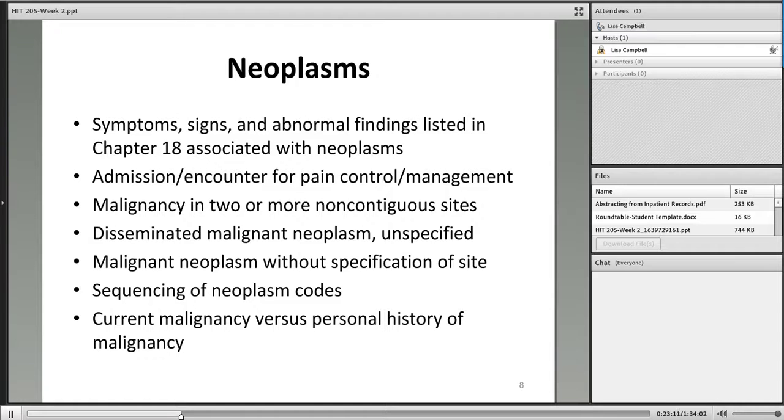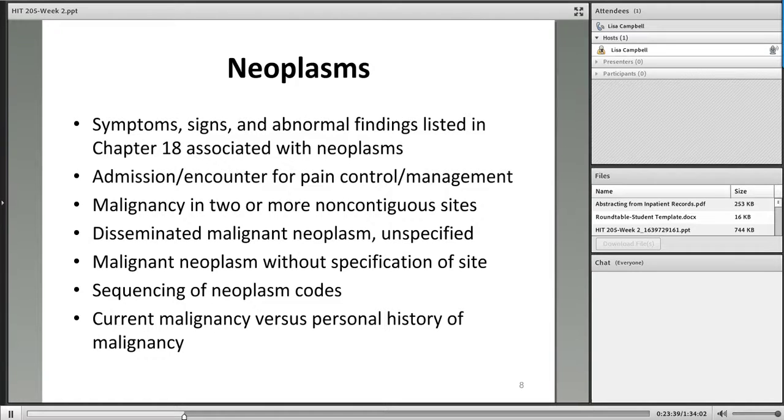Well, as coders, we have to apply coding guidelines, which basically state that when a primary malignancy has been excised, but further treatment, such as additional surgery for the malignancy, or radiation therapy, or chemotherapy, is directed to that site, the primary malignancy code should be used until treatment is completed.